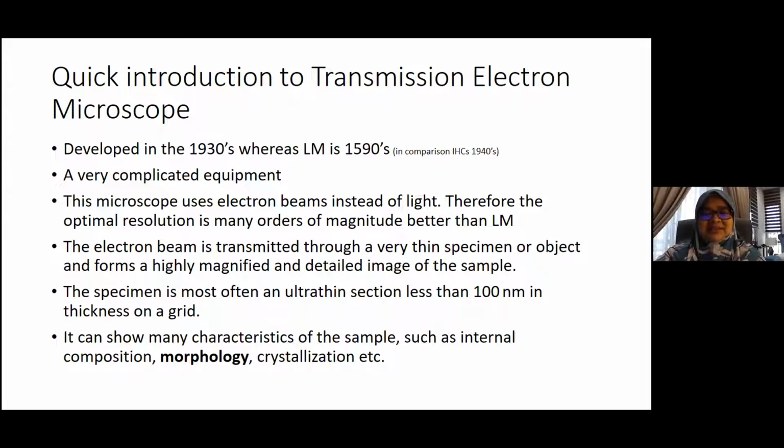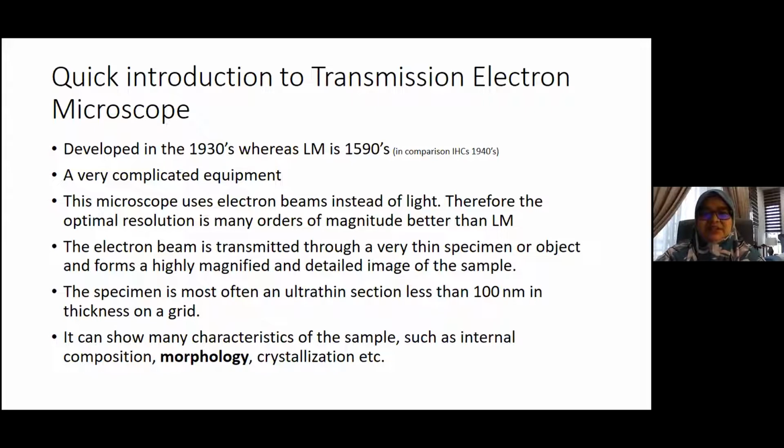Light microscopy was invented way back in the late 1500s, and just as a comparison, immunohistochemical stain was developed about 10 years later than electron microscopy, in the 1940s.